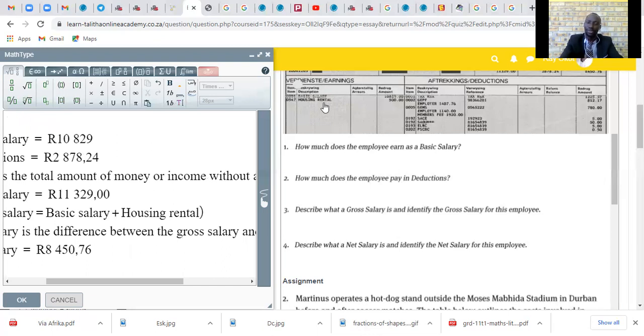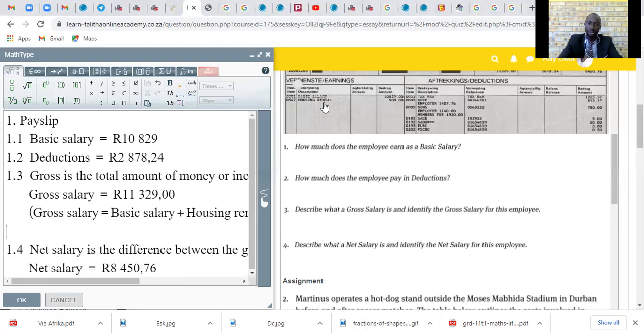And then from here, we can go ahead to do what? To finish the substitution. So we then say gross salary, okay, gross salary, which is now equals to basic salary plus the other quantities. Let's have it here.